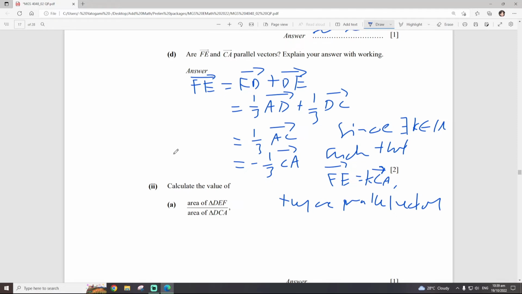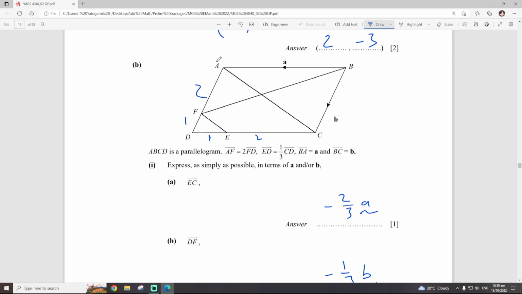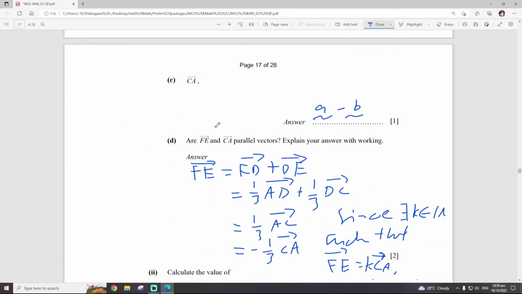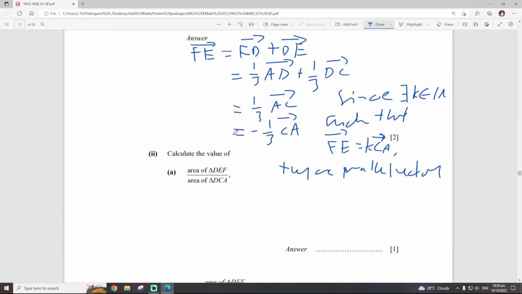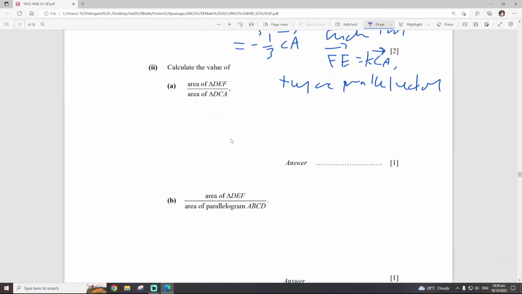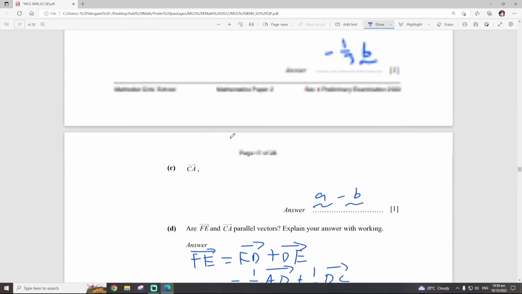Calculate DEF over DCA. So similar triangle, so you just take the ratio, length ratio, you square it. So DF is 1/3 the length of DA, so it will be 1/9. Area of DEF over ABCD.